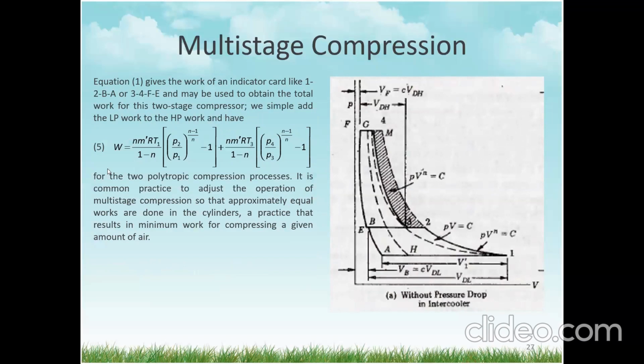Equation 1, from earlier, gives the work of an indicator card like 1, 2, BA, or 3, 4, FE.